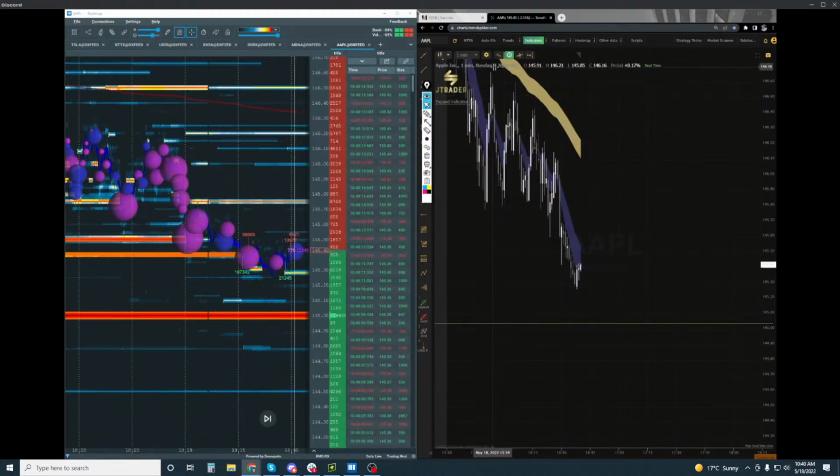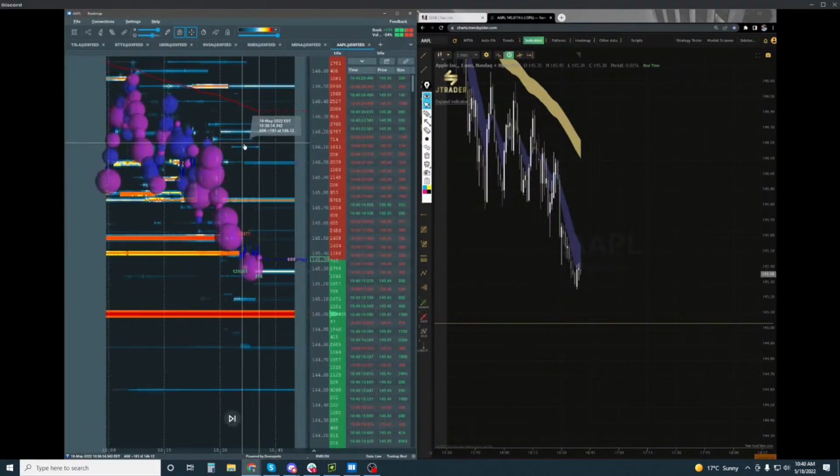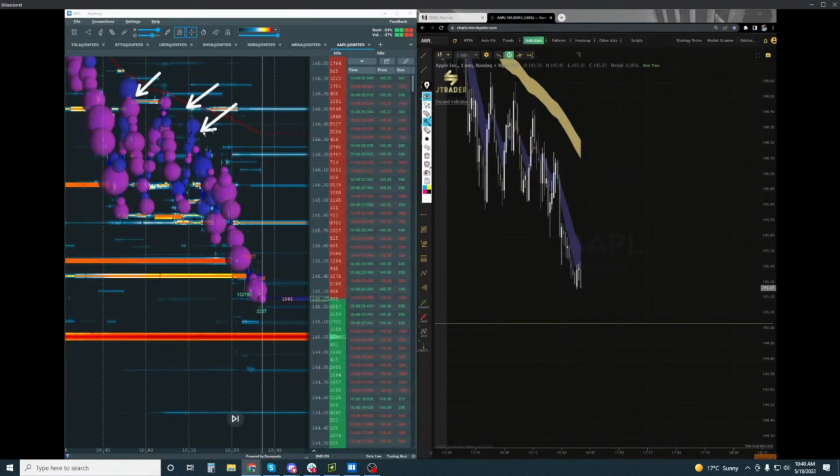Even if I didn't trade it, I was still looking at the tape. And all of these pops, you can see over here on Bookmap, we had immediate rejections. These pops didn't last 5, 6, 10 minutes. These were instantly, like 30 seconds, 1 minute, boom, dump, boom, dump.